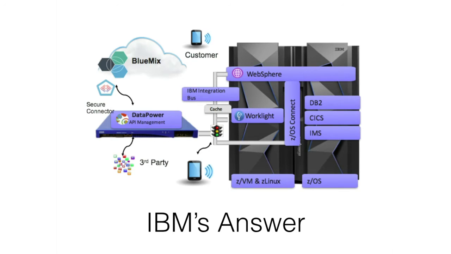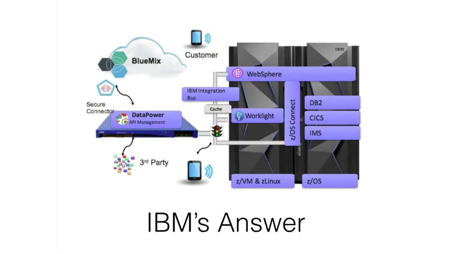So how does IBM want you to modernize your z/OS mainframe workload? What is IBM's answer? This is something that I took straight from some random slide deck. What they want you to use is a whole suite of products, ranging from DataPower.